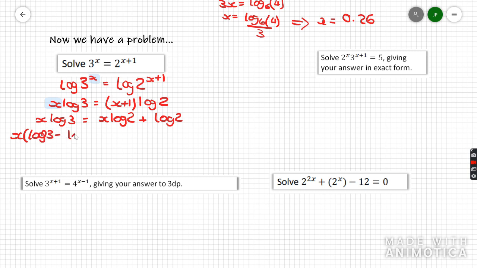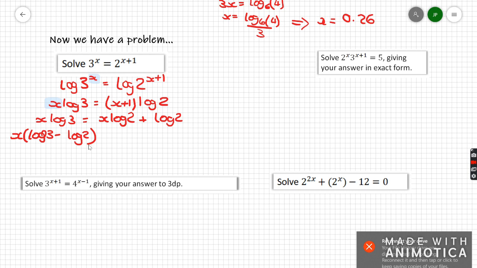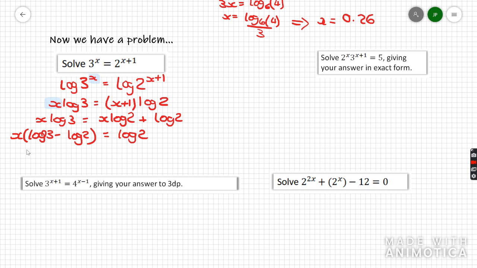Lots of log 3 minus log 2. All I've done is factorised out equals log 2. So x is going to equal log 2 over the top of log 3 minus log 2. Okay, so all I've done here, I've moved my x log 2 over to the other side and factorised that out, because I've just done it all in one go.